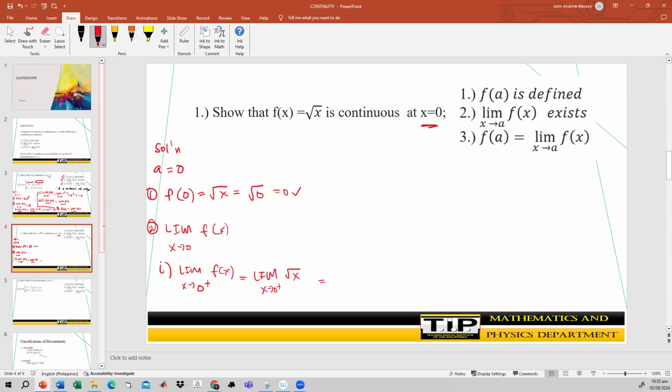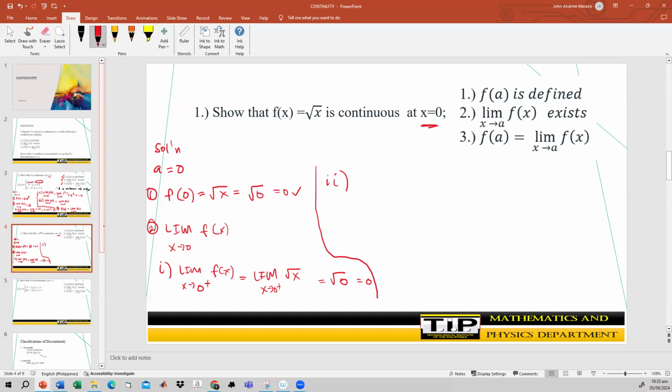Of course, you can substitute it directly because this would give you a real value. So this will become square root of 0, which is 0 as well. Now we proved that the right side limit exists and the value is 0. Of course, we need to prove as well if the left side limit exists.